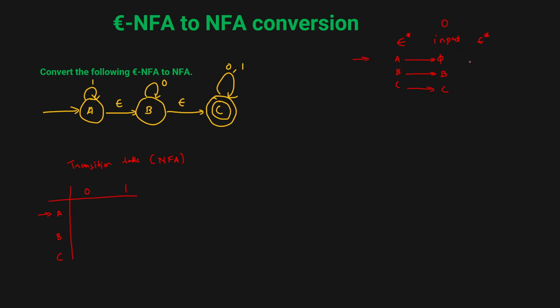Again, we have to check the epsilon closure. For phi it is nothing, so you don't have to write anything because it is an empty state. In state B, if you get epsilon, that is no input, you can still reach state B and state C. So let's write that down: B and C. And in state C, if you get nothing, you can reach state C itself.